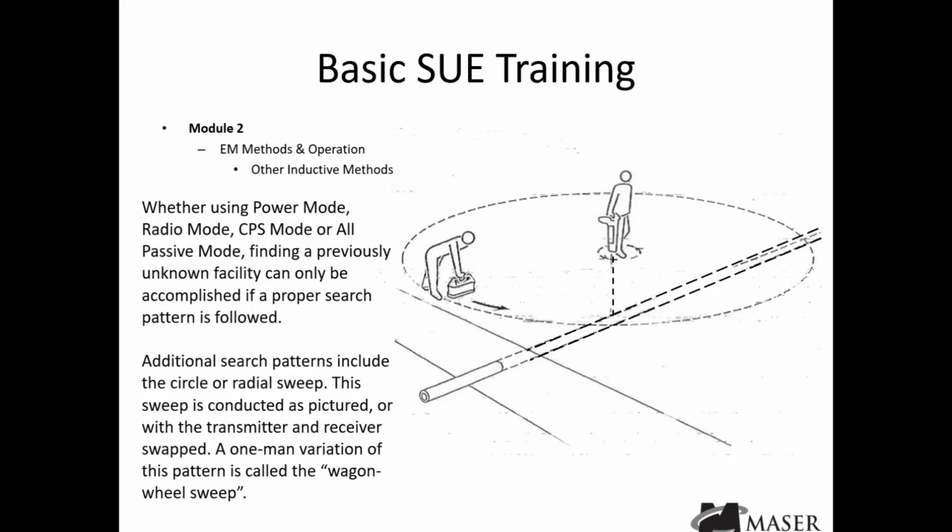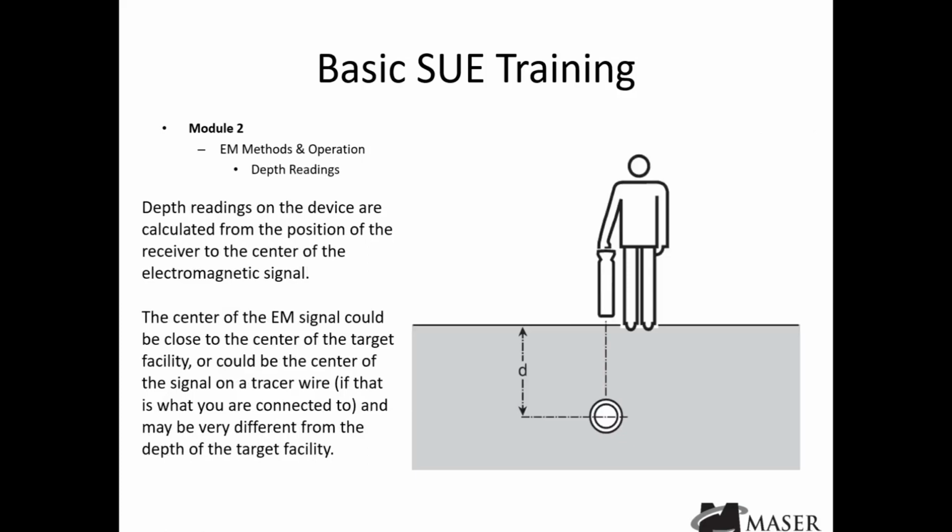They face each other so that the systems are aligned, and if there's a signal hit, the electromagnetic signal will couple to that facility, and the receiver will hear it. Likewise, we invert this, and we do that same process with the person holding the transmitter in the centroid of the circle, and the person holding the receiver walking the large circle around. Either way accomplishes the same basic idea.